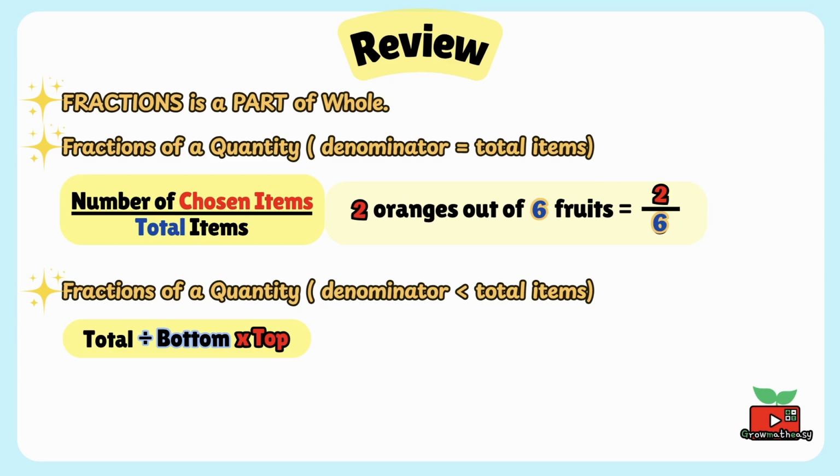Total number divided by the bottom number and then multiply by the top number. For example, 2/3 of 12, we divide the total number 12 by 3, then multiply by 2, and we get 8. And that's it. That's how we calculate fractions of a quantity quickly and easily.